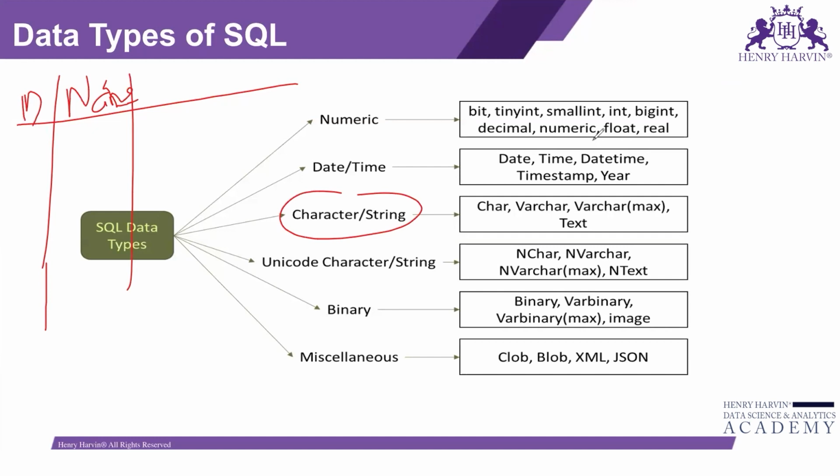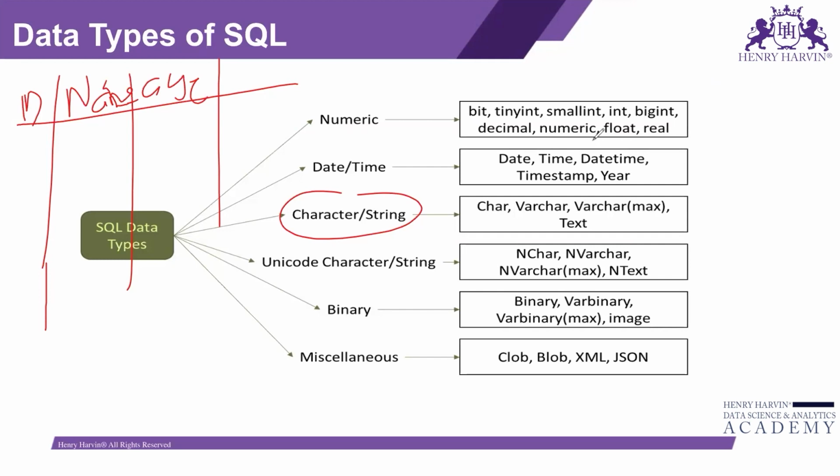Then we have maybe the age, so what would be the data type of the age? Because you have to specify the data types that you are giving in your table. So that is what happens with data types. Let's look one by one at what these data types are.